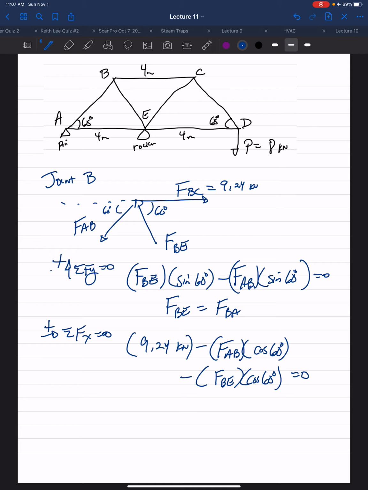So solving these two equations, you get FAB equals FBE, they're equal to 9.24 kilonewtons. And FBE is in compression, FAB is in tension.